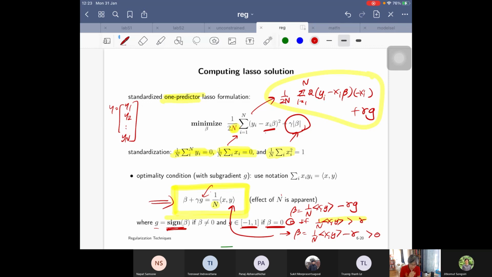So when my beta is positive, my g is 1, so it satisfies the optimality condition.